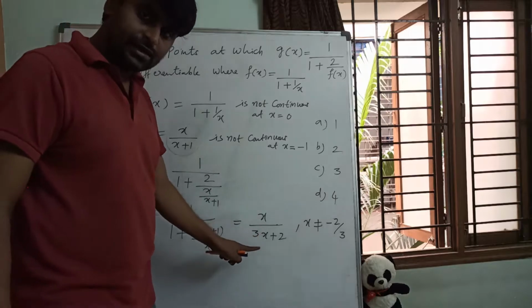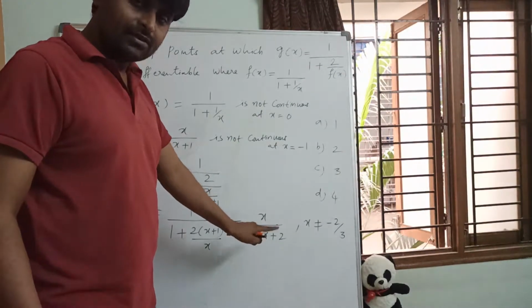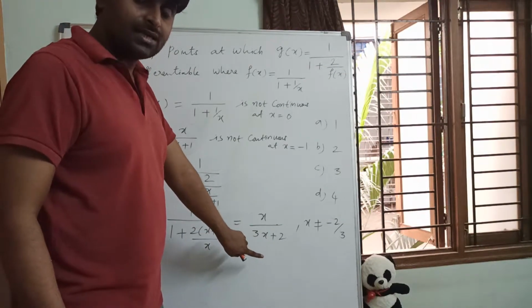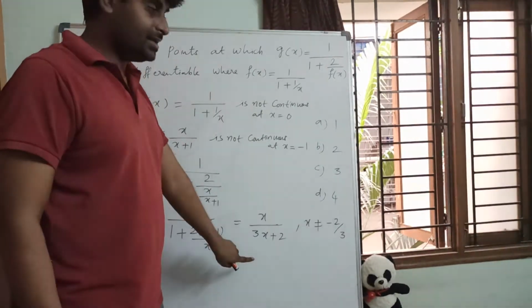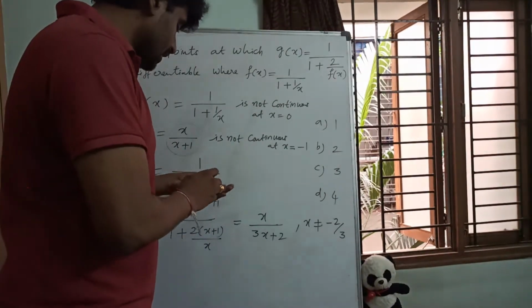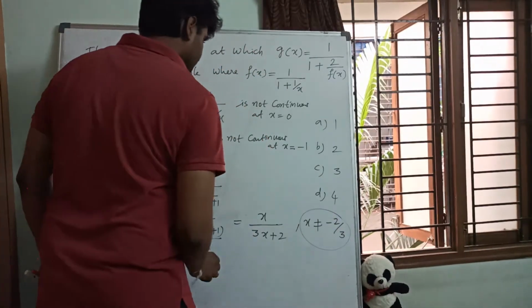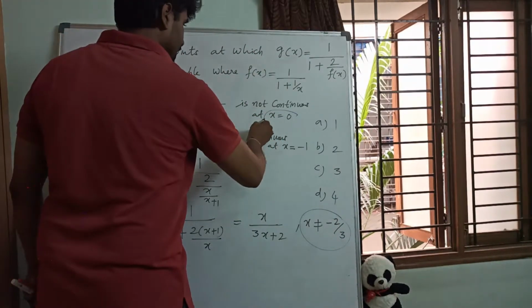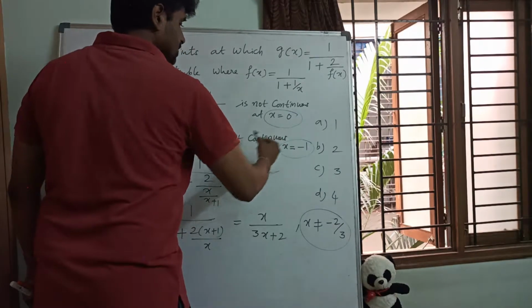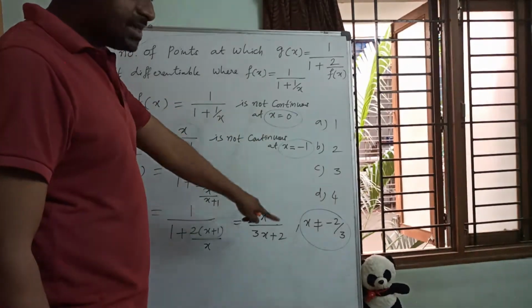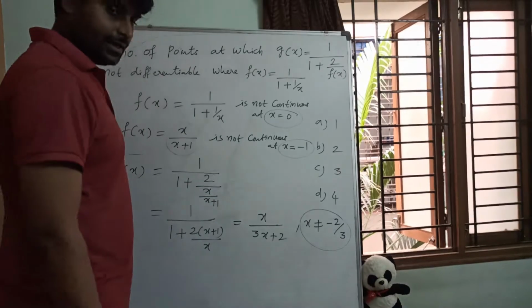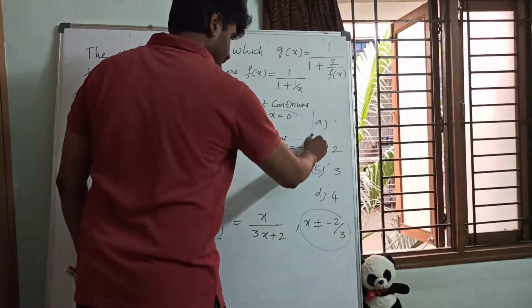Wherever function is not defined, that is not continuous. Wherever function is not continuous, that is not differentiable. That means what are the points we got here? We got minus 2 by 3, x equals 0, x equals minus 1. So how many points of discontinuity here? 3. Correct? So option C is correct.